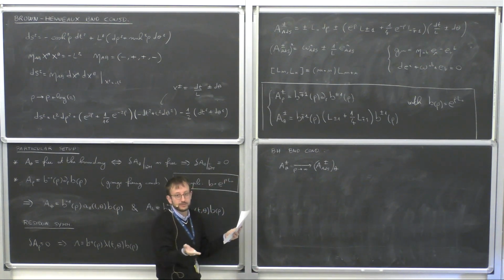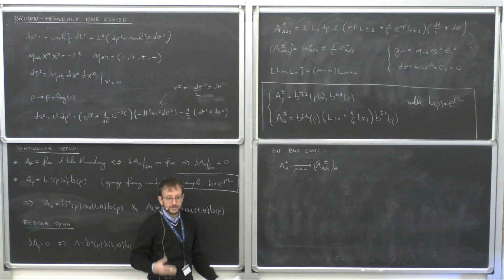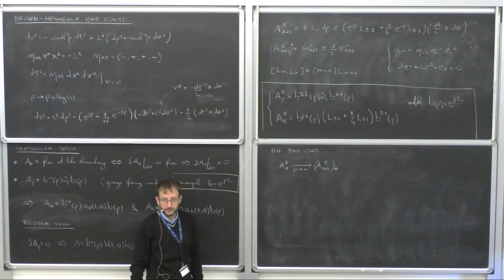So when rho goes to infinity, I want to asymptotically approach ADS3. And in this sense, these are reasonable asymptotically ADS3 boundary conditions.